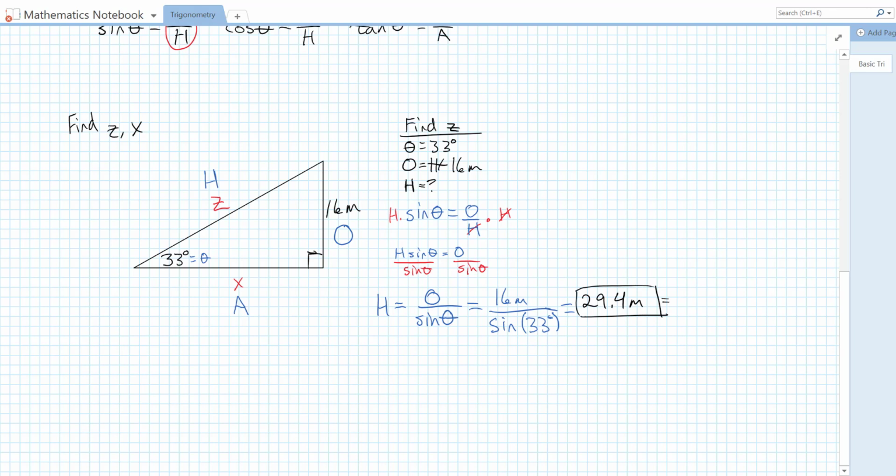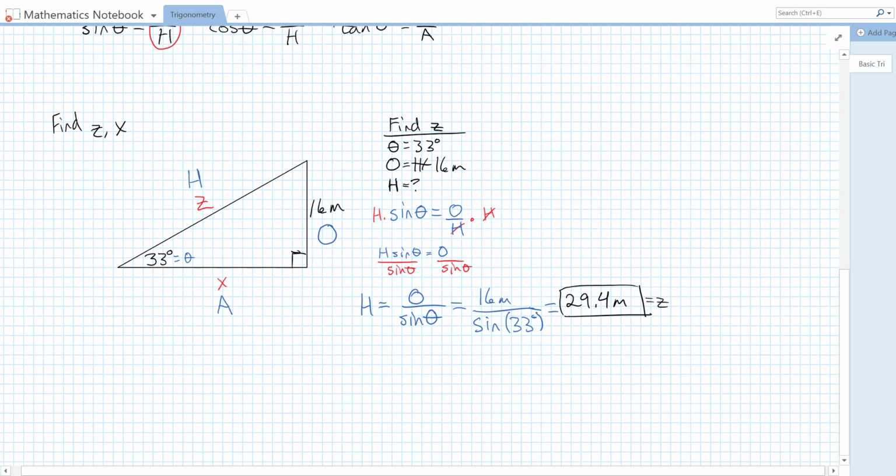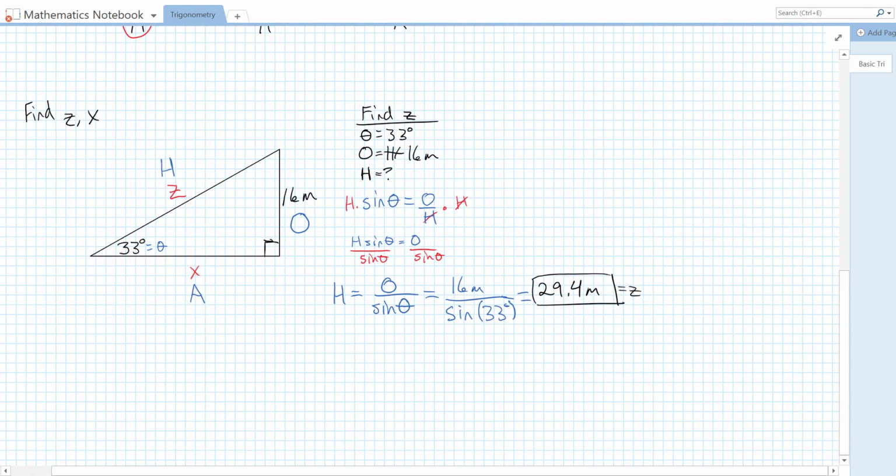So that's equal to z. And I'm actually going to fill that in on our diagram here, 29.4 meters.